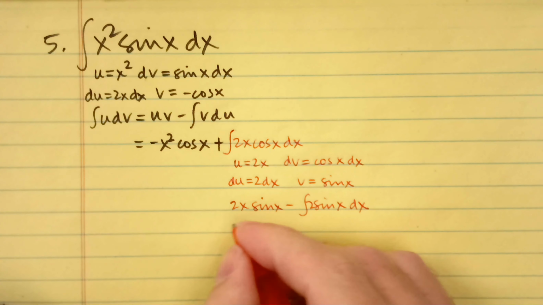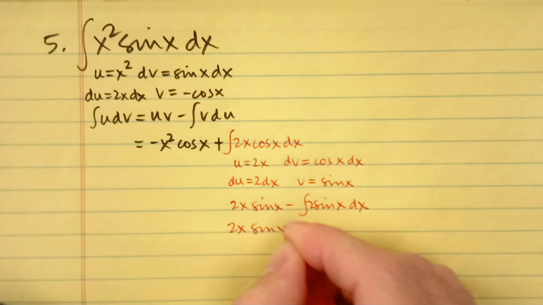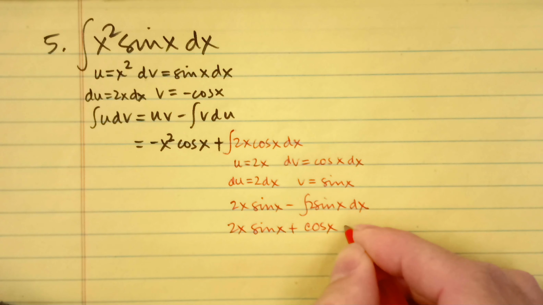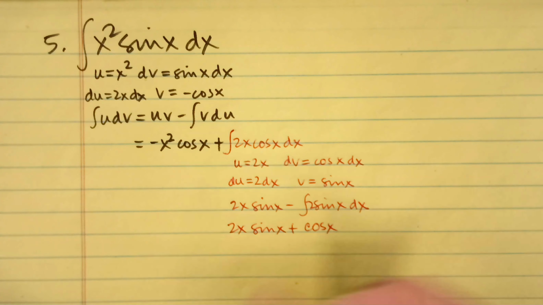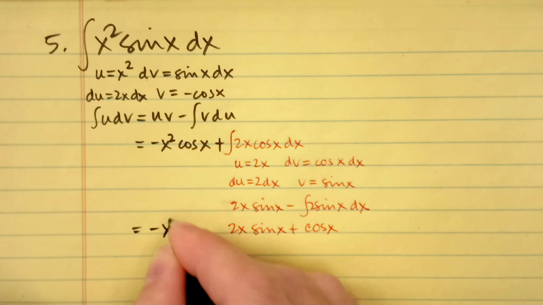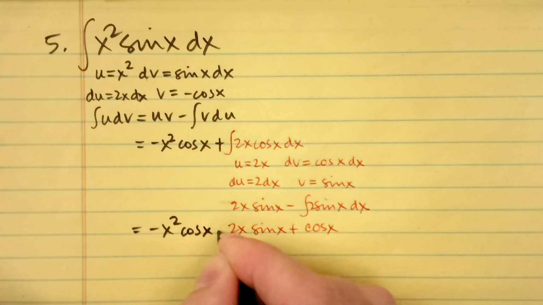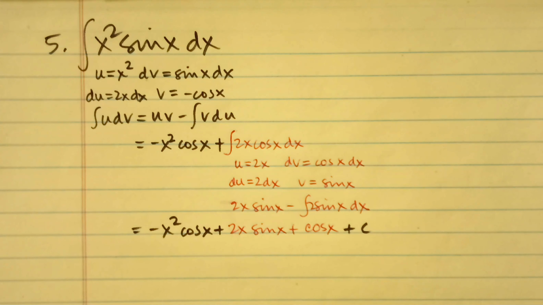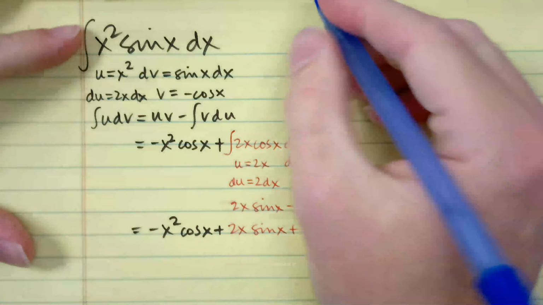And so that's 2x sine x plus cosine x. And then we're going to have a plus c, but this is really just what I'm adding on here. So this is going to be negative x squared cosine x plus that plus c. I'm a little concerned. I feel like I'm missing some negativity, but I think it just has to do with the cosine derivative being negative sine. But I'll check my answer using the 3-column chart.